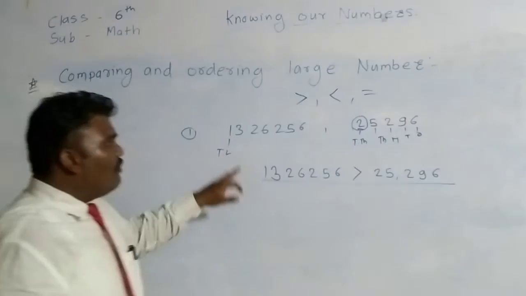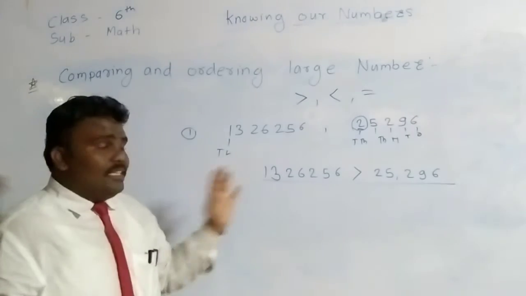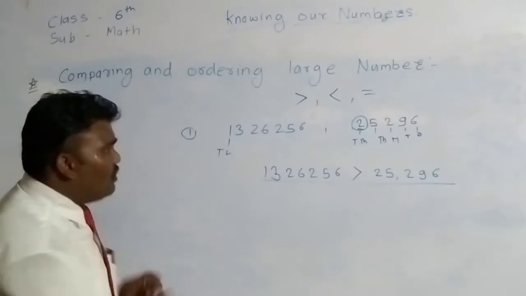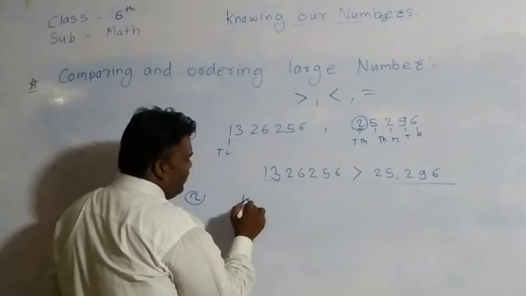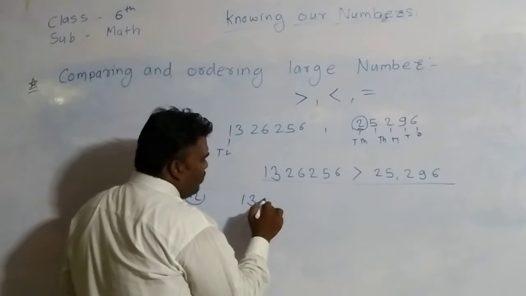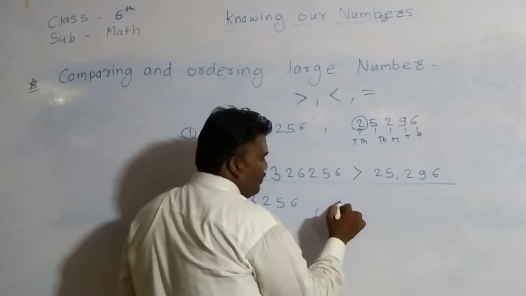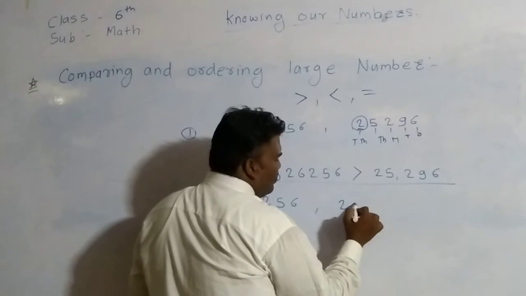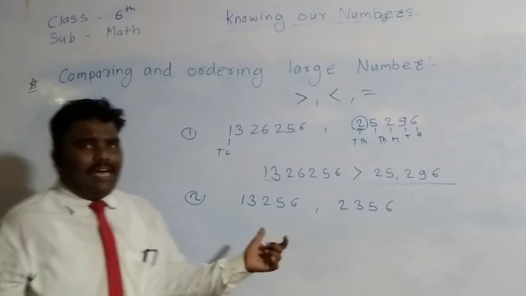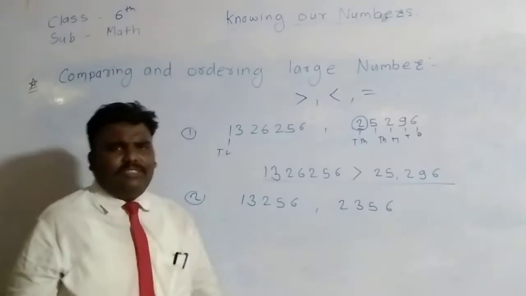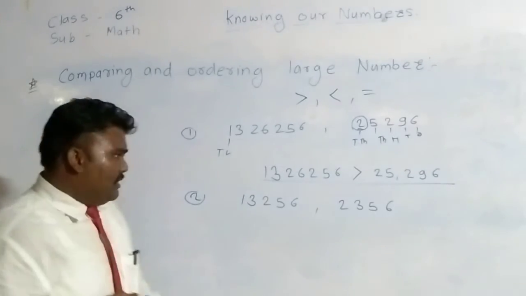Dear friends, here we have talked about the first example of large numbers. Then how do we compare numbers? Suppose I have another example like this. Look here. I will write 13,256 and 2,356. Suppose I have written two large numbers, and in these two large numbers, how do we compare them?